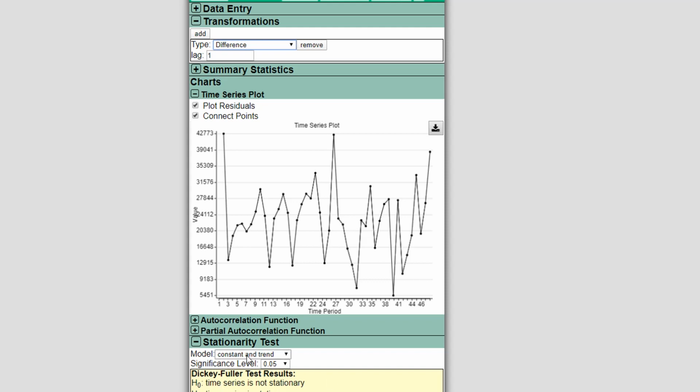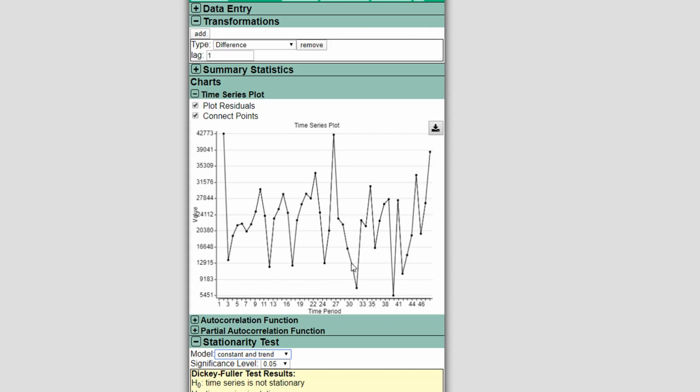Here, the Dickey-Fuller test does think that my differences are stationary. Going through the first, second, or third model, it always says reject the null hypothesis, which means the time series is stationary. Oftentimes the differences are going to be stationary.